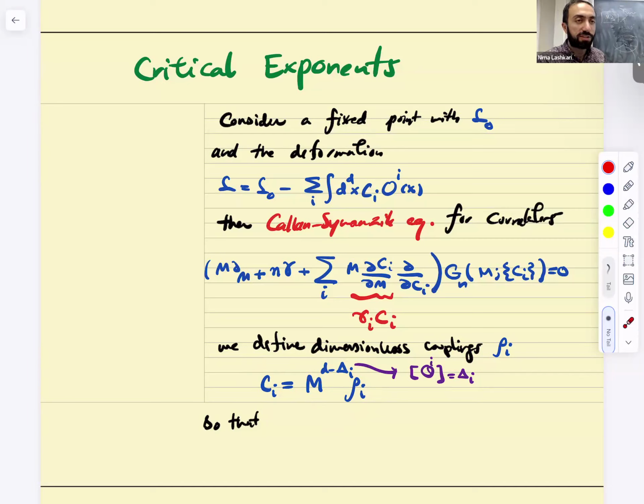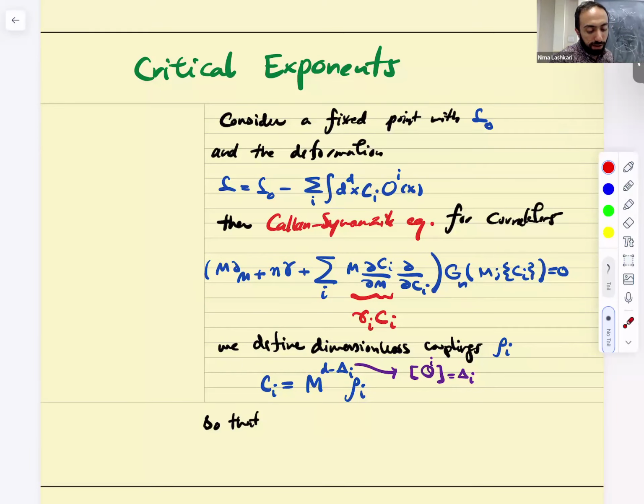This is Peskin's notation, and hopefully in the future I will not use t_I, but usually I use t_I. All right, so if I don't do this, my Callan-Symanzik already looks like this. So G_N is a function of M and all the c_I, these are dimensionful. I want to take M del M. There will be the explicit dependence on M. This is N gamma, coming from the wave function normalization of these guys.